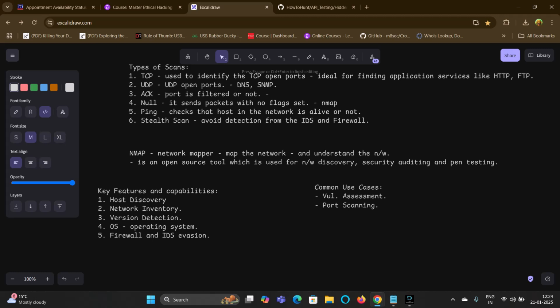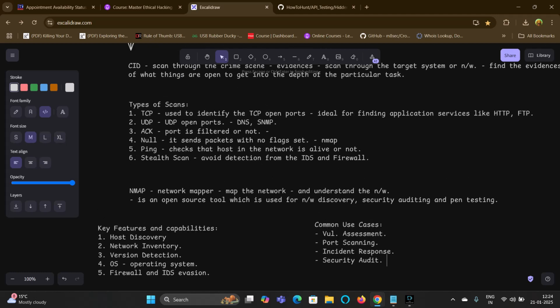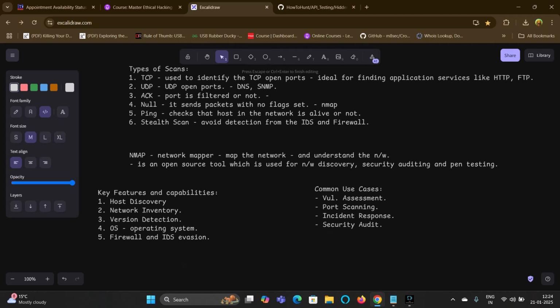Then moving on further, incident response. Then the next point is the security audit. As I have already stated, it is used to perform security auditing and pen testing. So that is a basic common use case of Nmap.